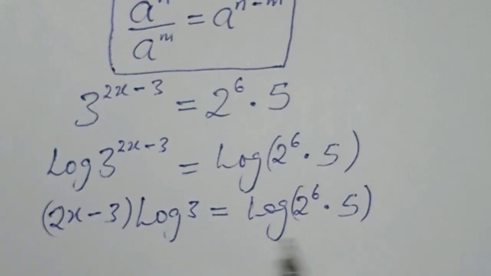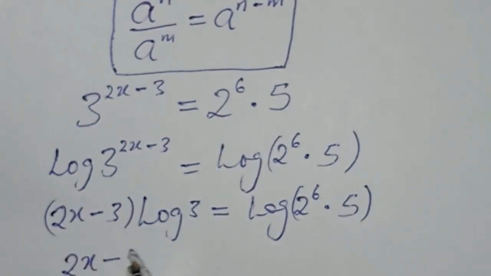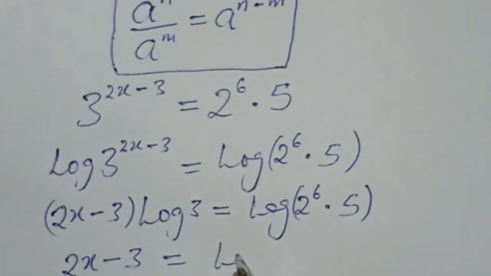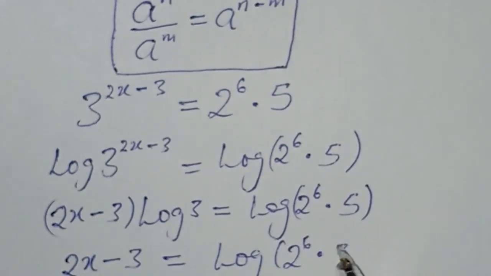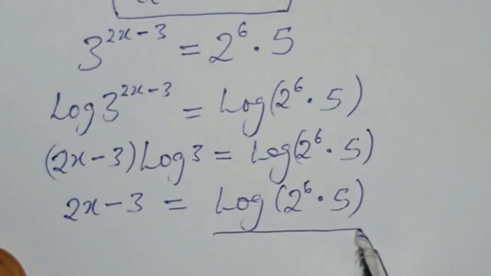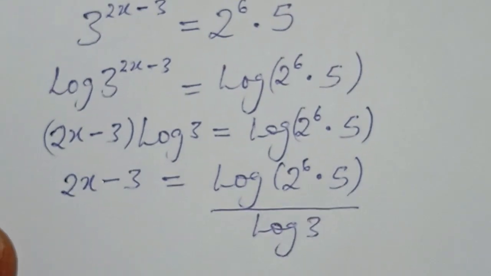From here, we can divide both sides by log 3 to isolate this expression. So we have 2x-3 will now be equal to log of (2^6 multiplied by 5) all over log 3.